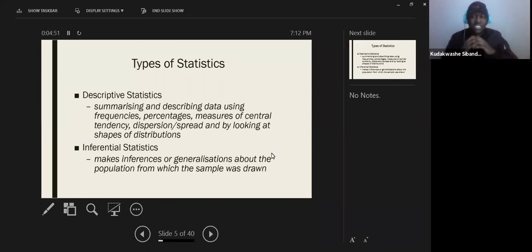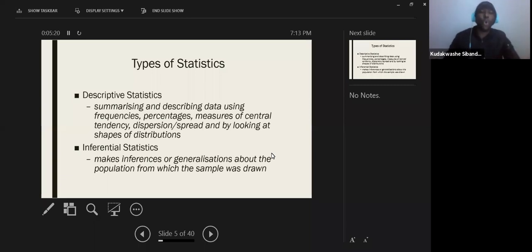Then there's this other type of statistics called inferential statistics. You use it when you want to infer or to make a generalization about a population. Maybe, for example, how COVID-19 has affected gender-based violence in South Africa.